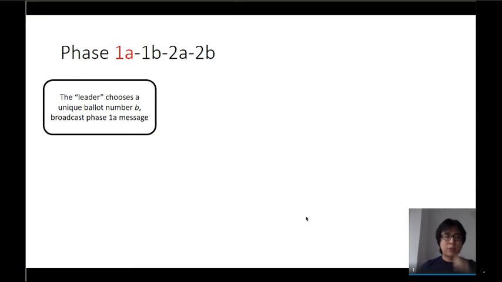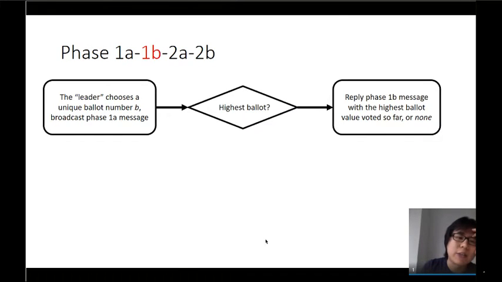More specifically, in phase 1A, the proposing acceptor, or the ballot leader, chooses a unique ballot number, B, and broadcasts the phase 1A message. On receiving that phase 1A message, an acceptor first checks if this is the highest ballot it has ever seen. If so, it will reply with a phase 1B message containing the highest ballot value it has voted for so far, or simply nothing if it hasn't voted.